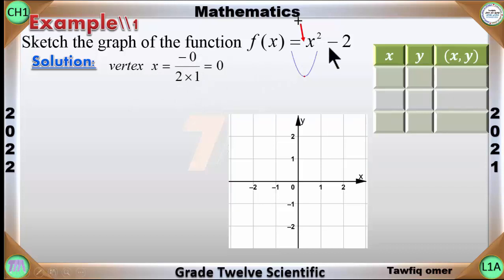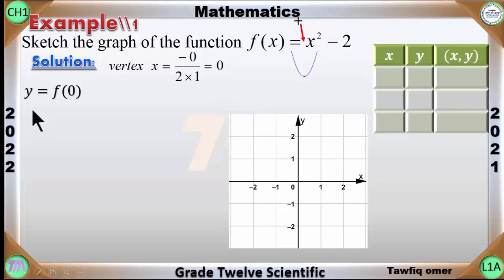Here b is 0 because we don't have any x. We have x squared, but we don't have x. Because of that, b is 0 and a is 1. Then x equal minus 0 over 2 times 1, which equals 0.